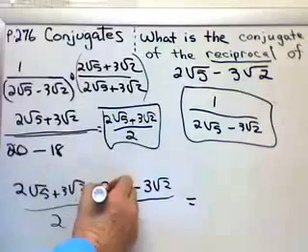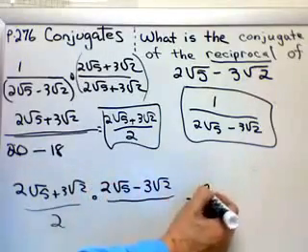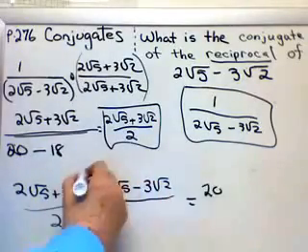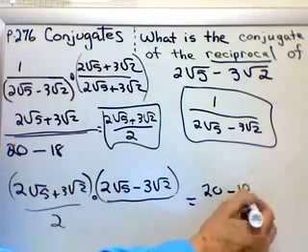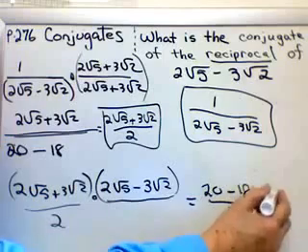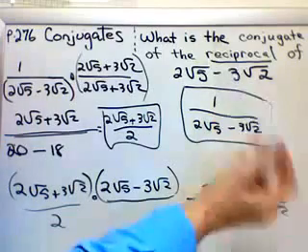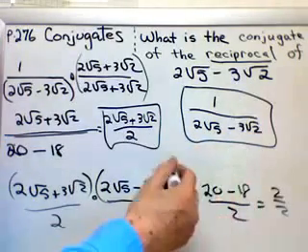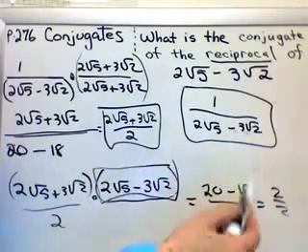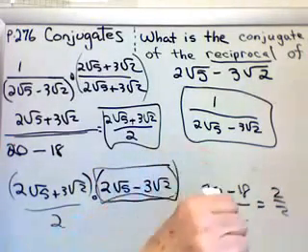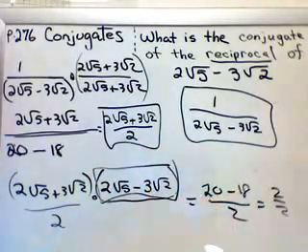So on the top, I get 2 times 2 is 4 times 5 is 20, no middle term again. And so 20 minus 18 all over 2, 2 over 2. So the conjugate of the reciprocal was this. When I multiplied it out, I got an integer, and that's what the definition says to do. All right, good luck with these.